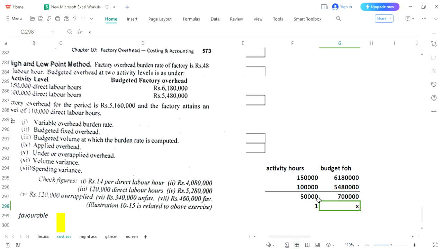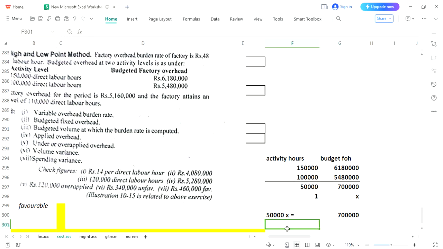Here you start your cross multiplication. 50,000 multiplied by x gives 50,000x, and 7 lakh multiplied by 1 remains 7 lakh.